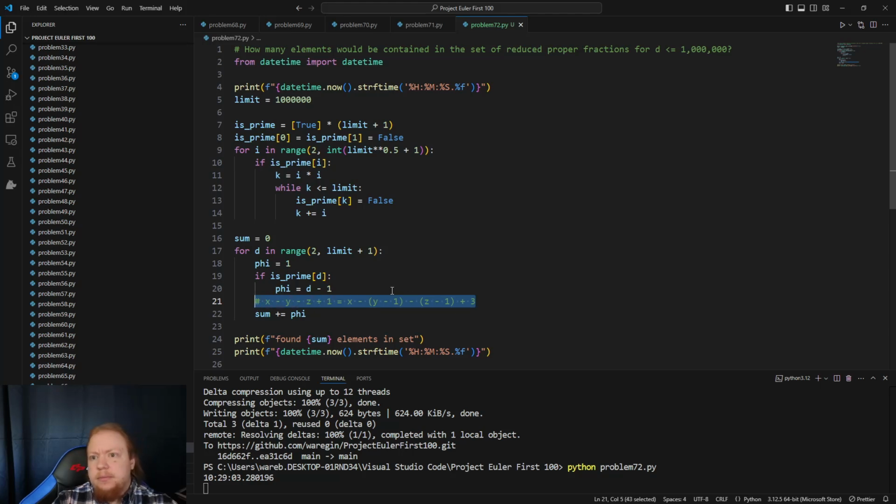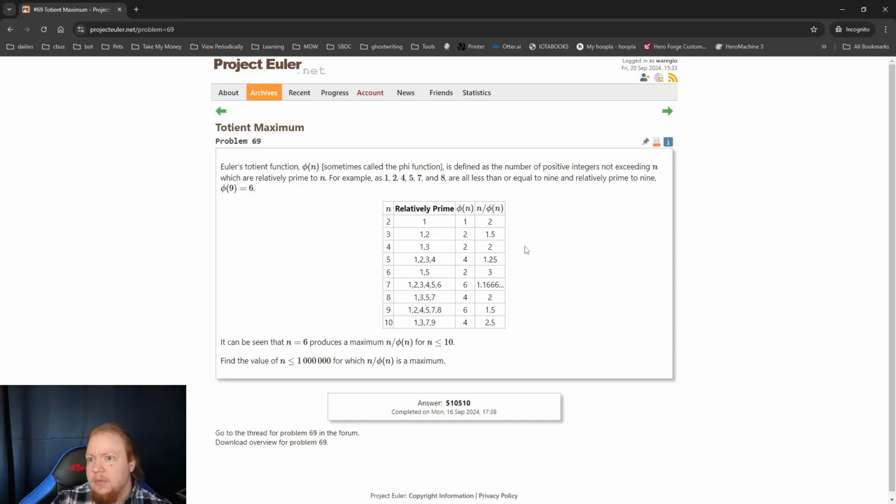Okay. I still think it has something to do with calculating how many relative primes there are, has something to do with calculating the prime factors.